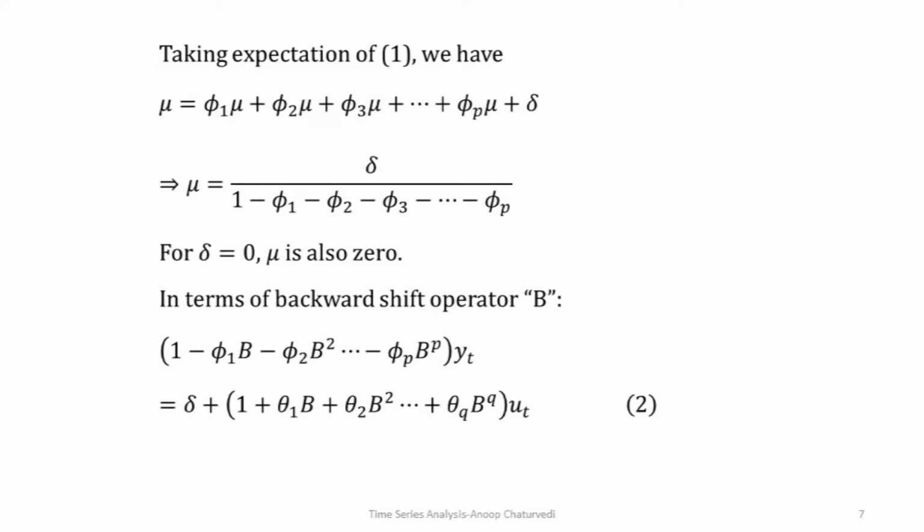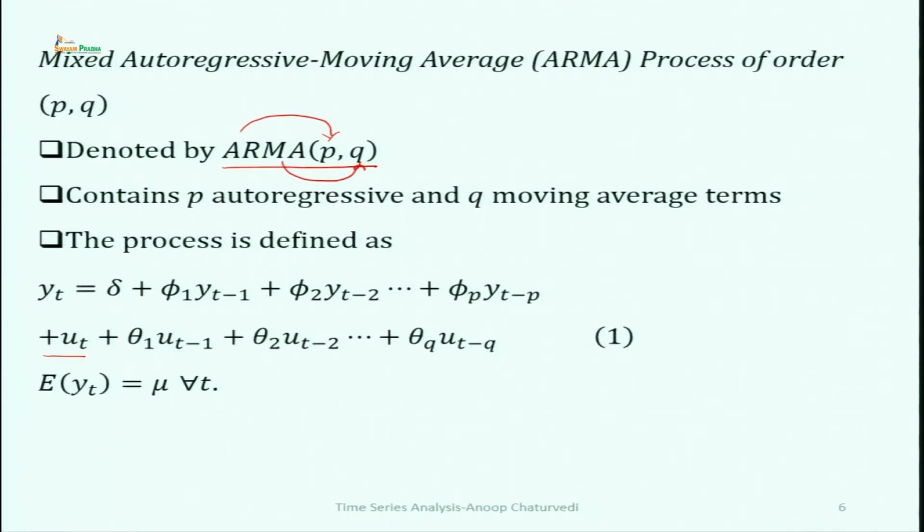If we take expectation on both sides of 1, then we have the expectation of y t is mu, you have delta here plus phi 1, expectation of y t minus 1 is mu, plus phi 2, expectation of y t minus 2 is mu, so on, plus phi p, expectation of y t minus p is also mu. Then the expectation of all the u terms is equal to 0.